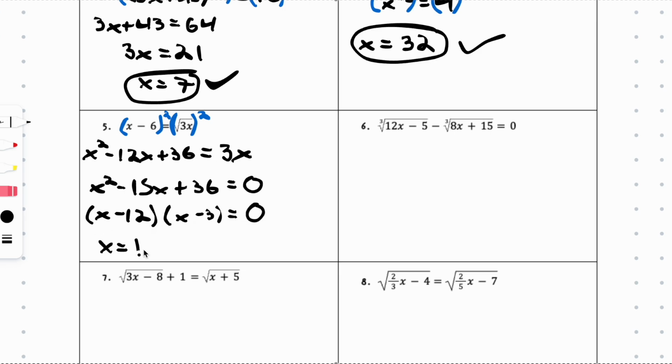So we set those parentheses equal to 0, and we get x equals 12 and x equals 3. Now we need to plug these back into our original equation. So when we plug in 12, we do 12 minus 6, and we get positive 6. Now 3 times 12 for the right is going to be 36. The square root of 36 is going to be positive 6. So this ends up working.